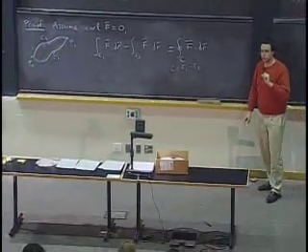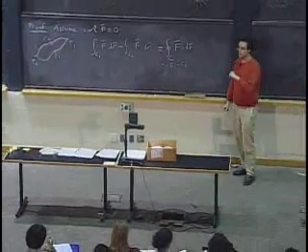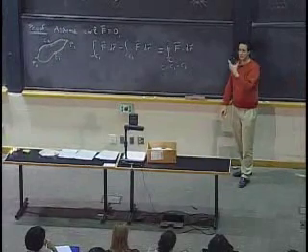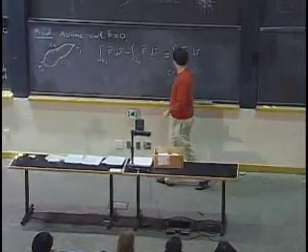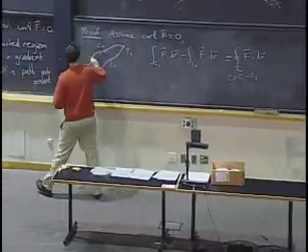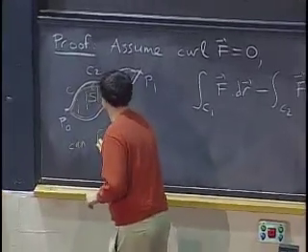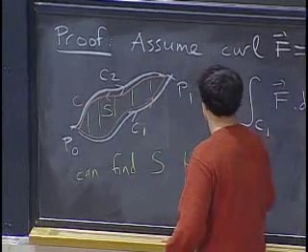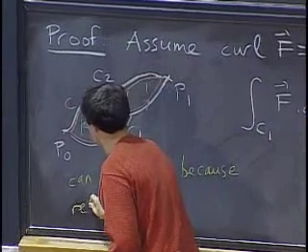To be able to use Stokes' theorem, I need to find a surface to apply it to. And that's where the assumption of simply connected is useful. I know in advance that any closed curve, so C in particular, has to bound some surface. So we can find a surface S that bounds C because the region is simply connected.